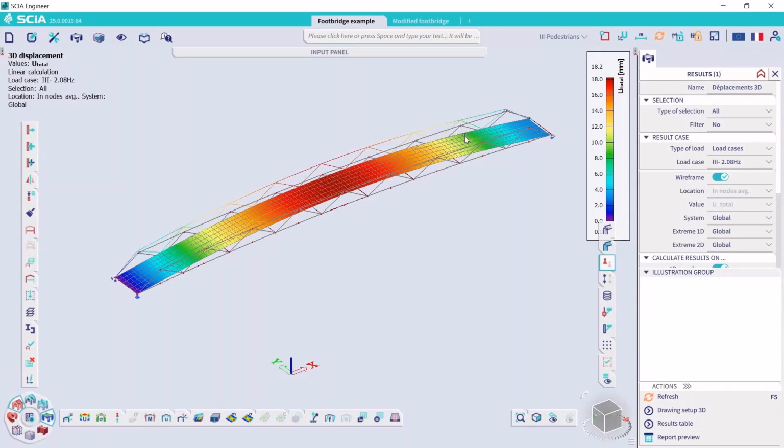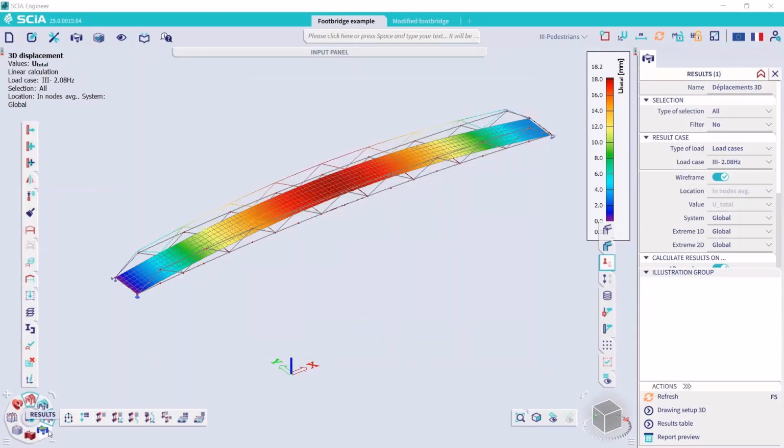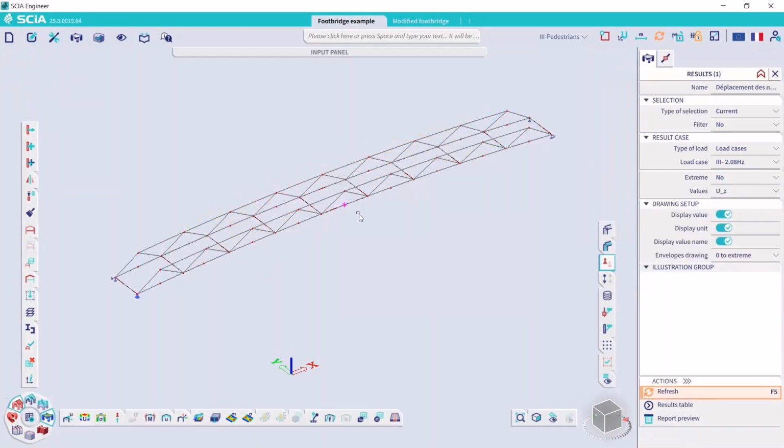As a second thing, we can also look at the displacement for a combination which would include this load case. Let me explain myself here. If you go into combinations, you can create an envelope of type serviceability, which would include this load case on its own. Here you can see that it's multiplied by 1. But if we go into the nodal displacements, let me choose this node.